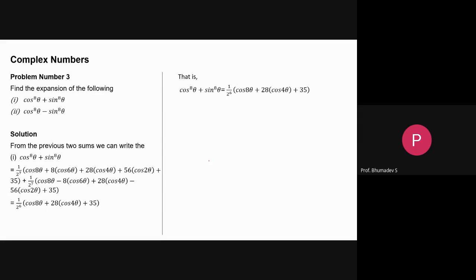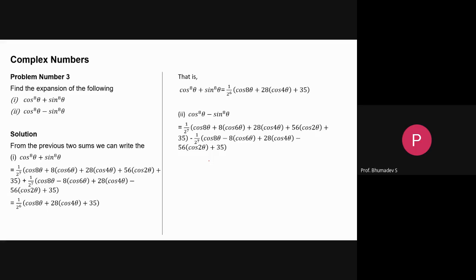It's very simple for finding out the expansion of the second subdivision of this sum, which we are supposed to subtract. So already we know the expansion of cos to the power of 8 theta and sine to the power of 8 theta from the previous two sums. Just substitute the respective expansions in the corresponding place of the expansions.